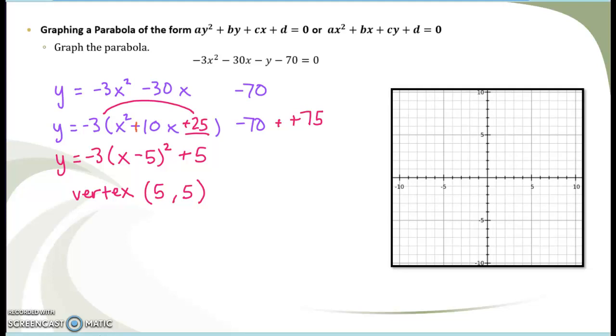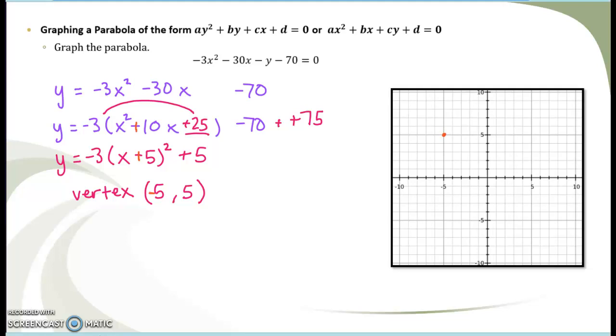Which means the factored form, or the completed square, is going to be x plus 5 squared. Which means my vertex is going to be at negative 5, 5. So you can see why carrying our negatives through correctly is super important there. So here's my vertex at negative 5, 5.